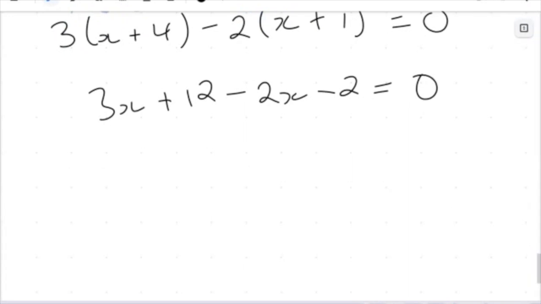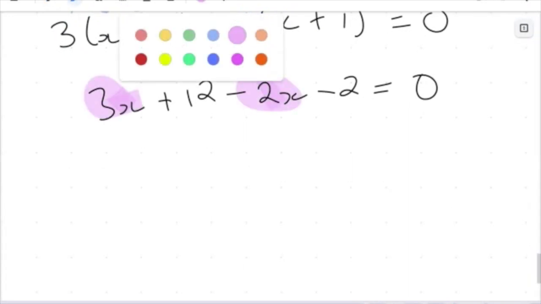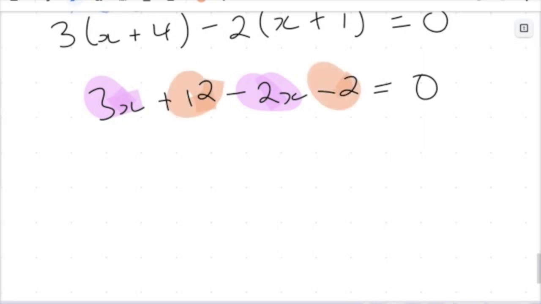That equals 0. I want to collect the like terms as well as do my regular adding or subtracting with my integers, with my whole numbers. So 3x minus 2x gives me x. 12 minus 2 gives me positive 10 equals 0.